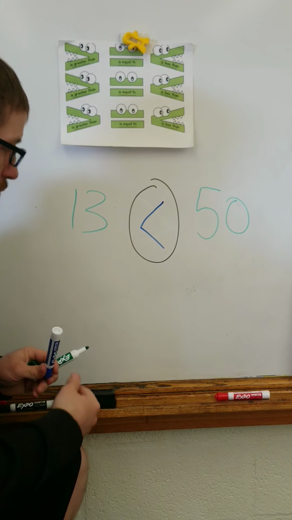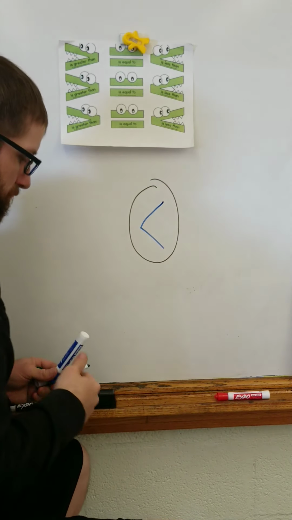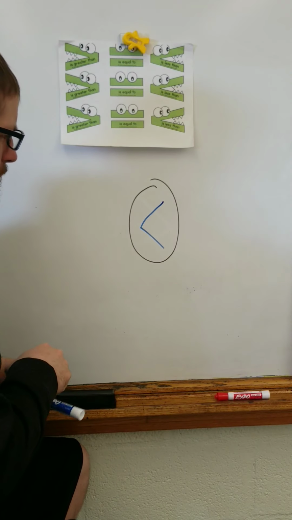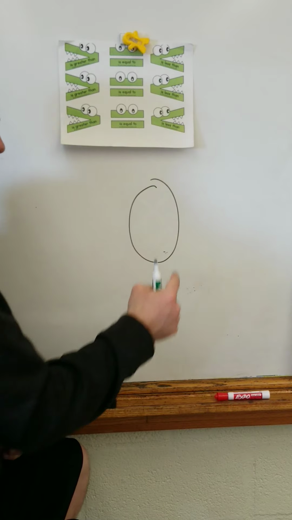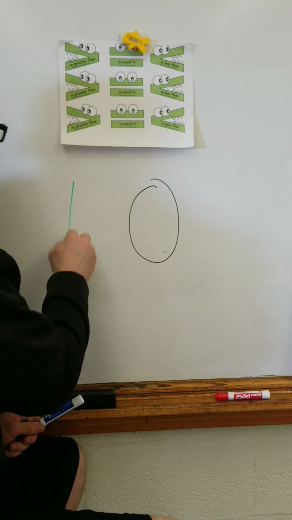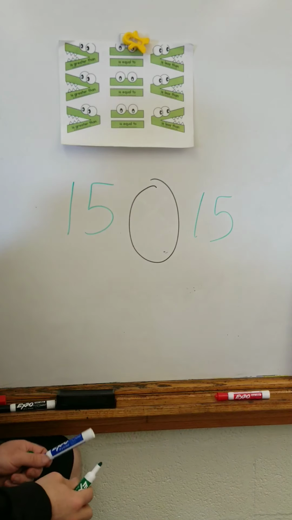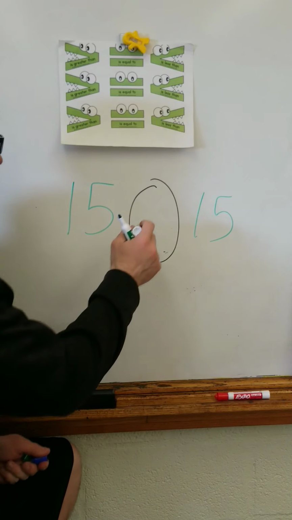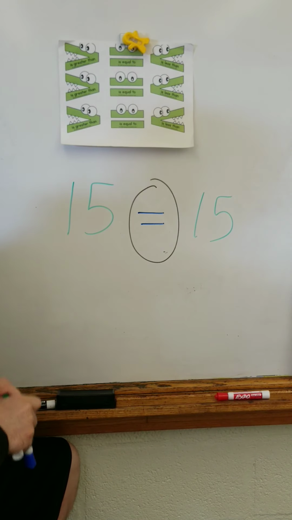Or we could also have, at this point, an equality, where the numbers are the same and we would put an equal sign in the middle. If both numbers are the same, that would mean they are equal.